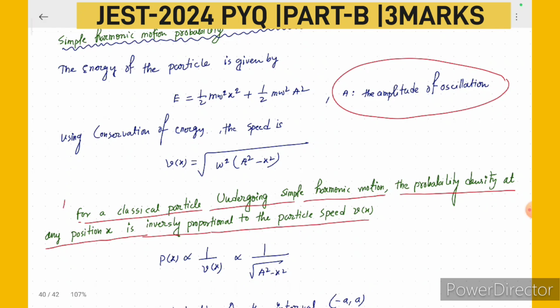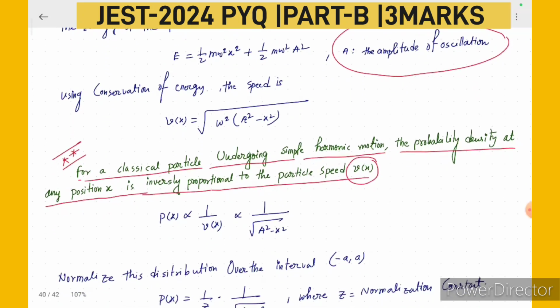It's very important, please remember this line. So p of x is inversely proportional to v of x, that is proportional to 1 upon root of a squared minus x squared.